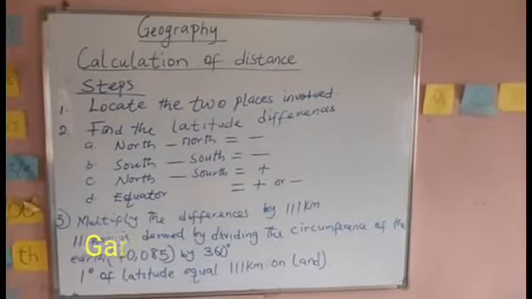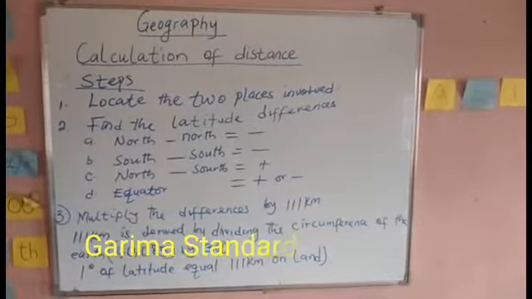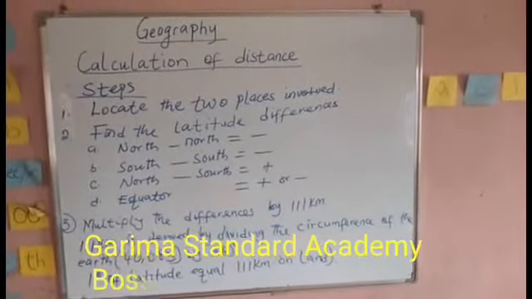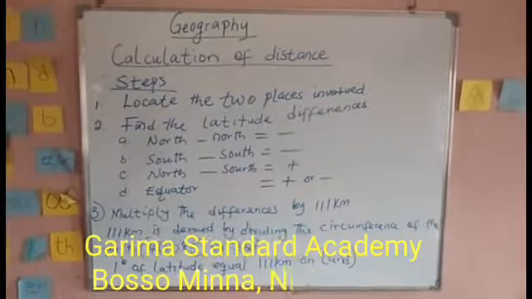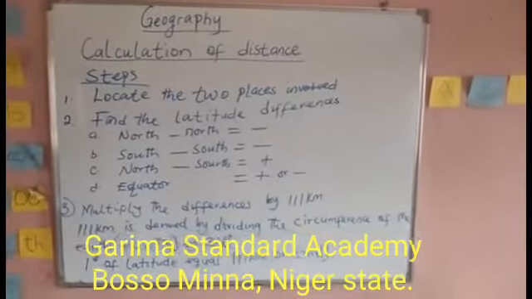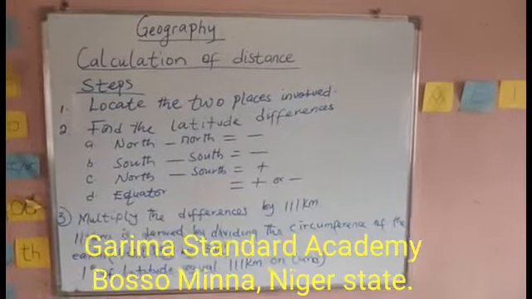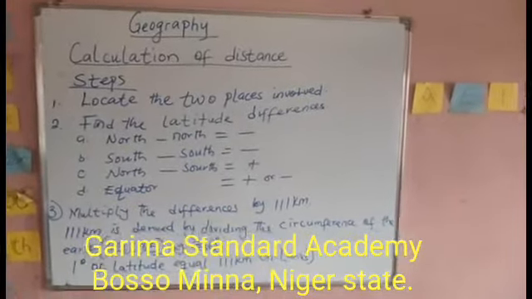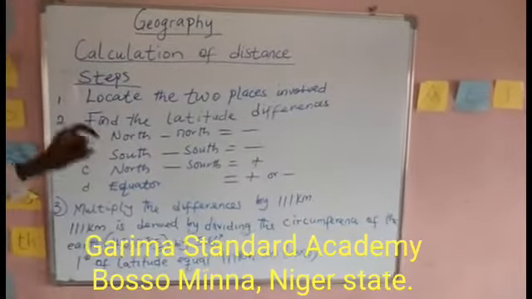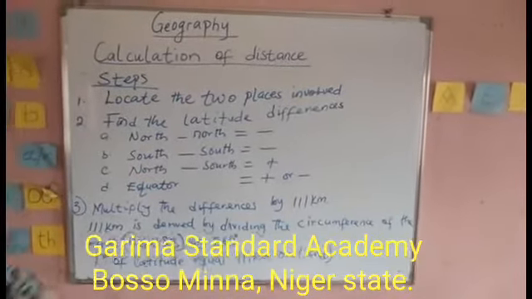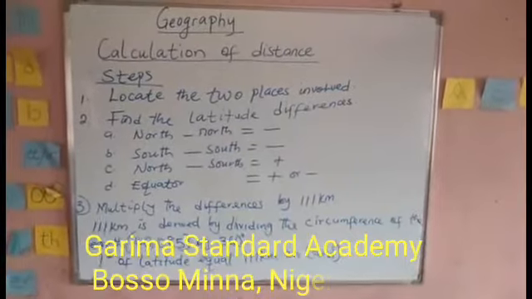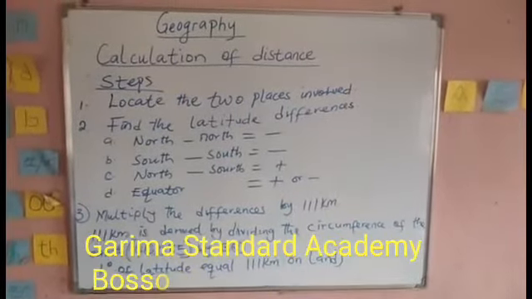Secondly, the lines of latitude are used in the calculation of distance. This morning we are going to be discussing how to use the lines of latitude to calculate distance between two different points on the globe.